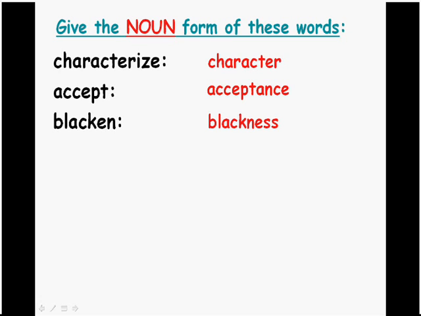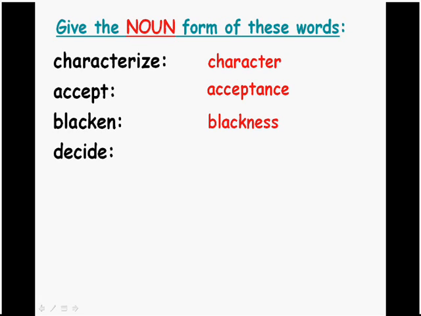You add to the adjective black N-E-S-S. Remember when we said that we have a suffix N-E-S-S, which we use in order to change an adjective, in this case, into a noun. So it's blackness.